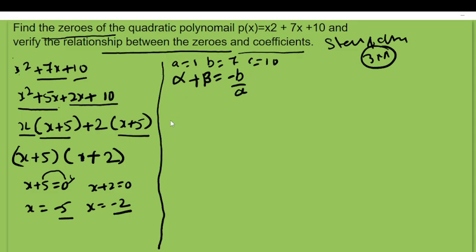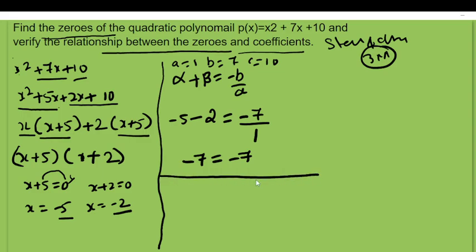Alpha is minus 5 and beta is minus 2, then minus b value is minus 7, divided by 1. Minus 5 minus 2 is minus 7, which is equal to minus 7. This is the verification of the sum of the zeros.